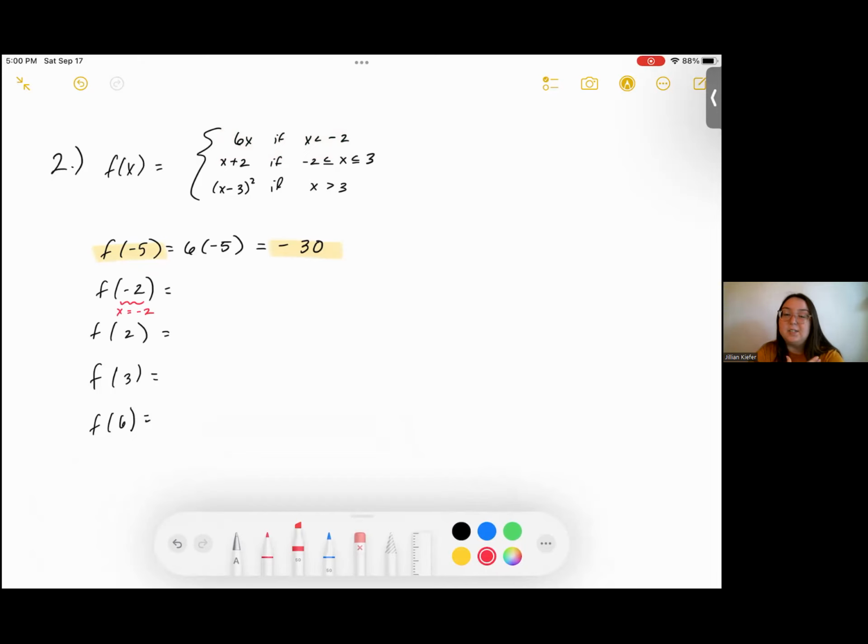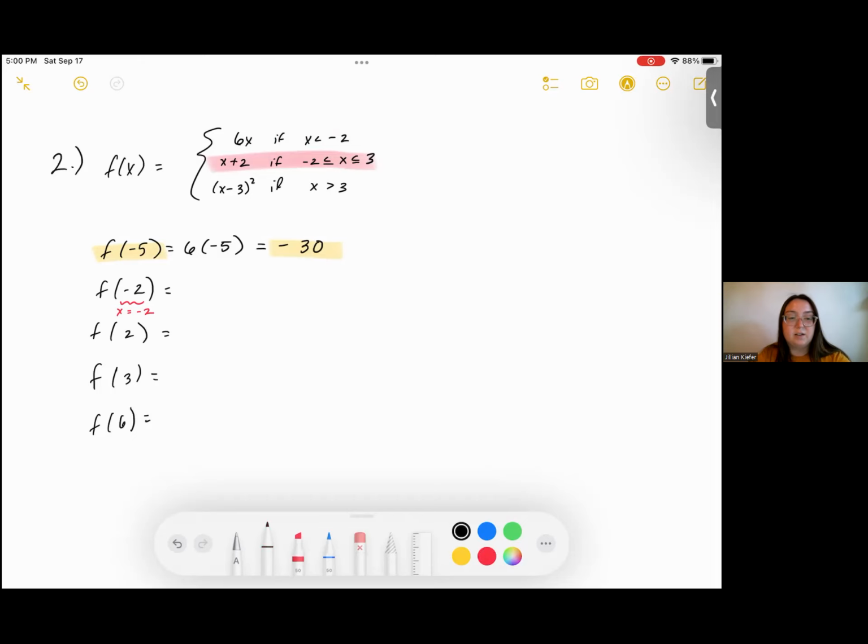Well, x is -2, and -2 is not less than -2, it is equal. So our next function is x plus 2 if x is greater than or equal to -2 and less than or equal to 3. So our value of x equals -2 goes to the second function. It goes to the center function because this includes -2 and that's our x value.